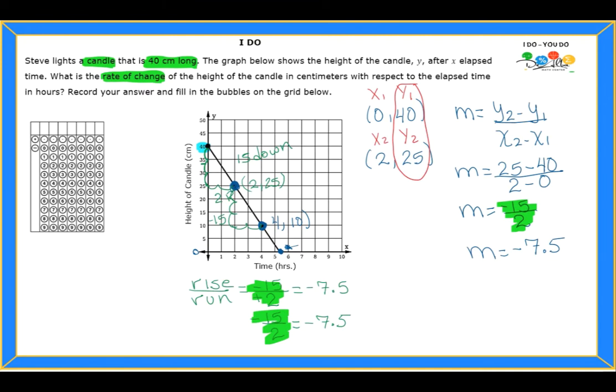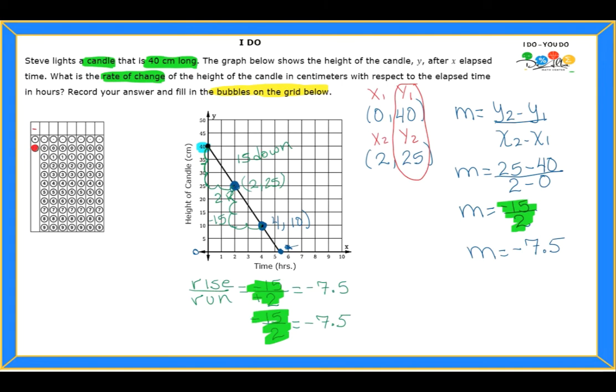Okay, so look at what the question is asking me to do. They want me to put it in the grid. You know that this is one of the problems that I still see with the students when it comes to writing in the grid. So let's make sure that we put it on the grid. We write the numbers properly. So first of all, it's negative. Therefore, I need to write a negative sign. And I need to make sure that I bubble in the negative. Next, I have a 7.5.